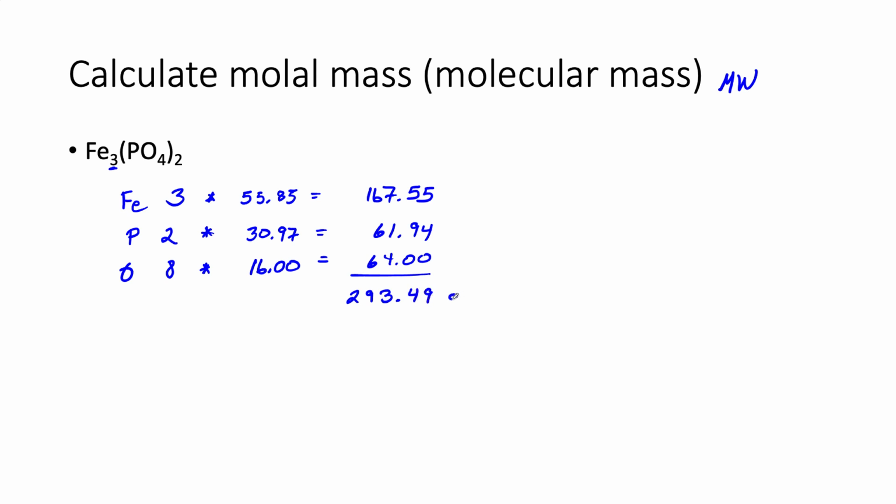And the units for this are going to be grams per mole, because we're looking at 1 mole of this compound, iron 3 phosphate, and that's how much it weighs, 293.49. We're going to use this information to figure out, if we're given moles, how much mass we have, and vice versa.